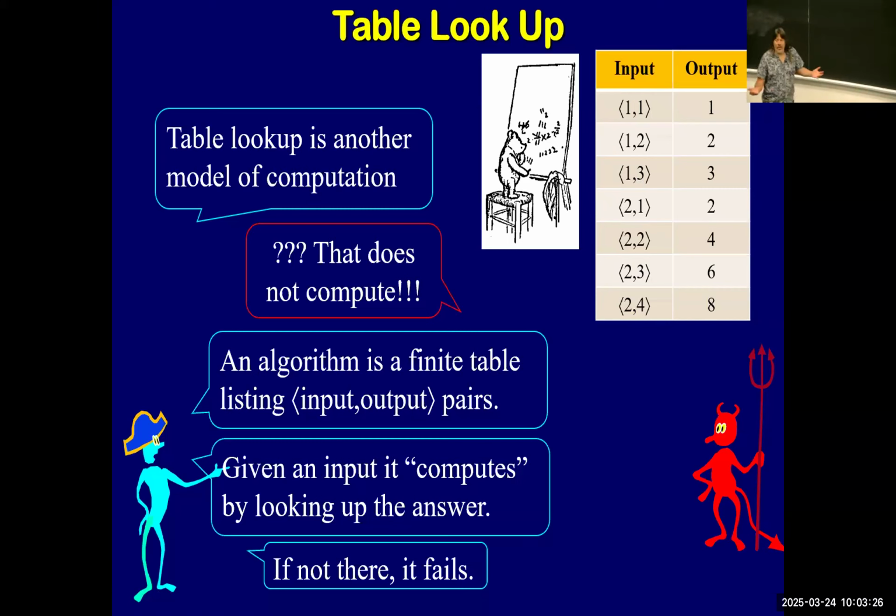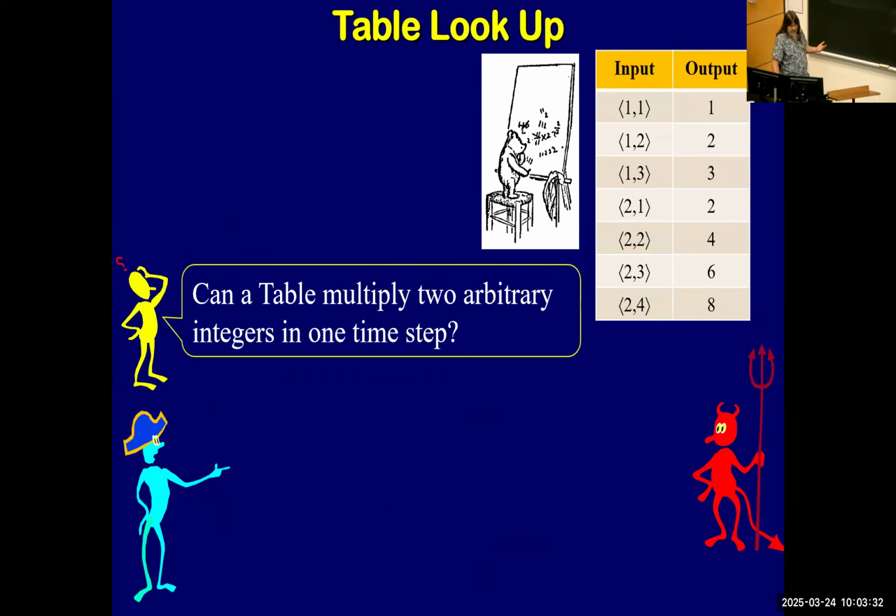Everybody understand this model? And so the question is, what can this compute? What can we say about it? Can this model of computation, the table, multiply 2 arbitrary integers?